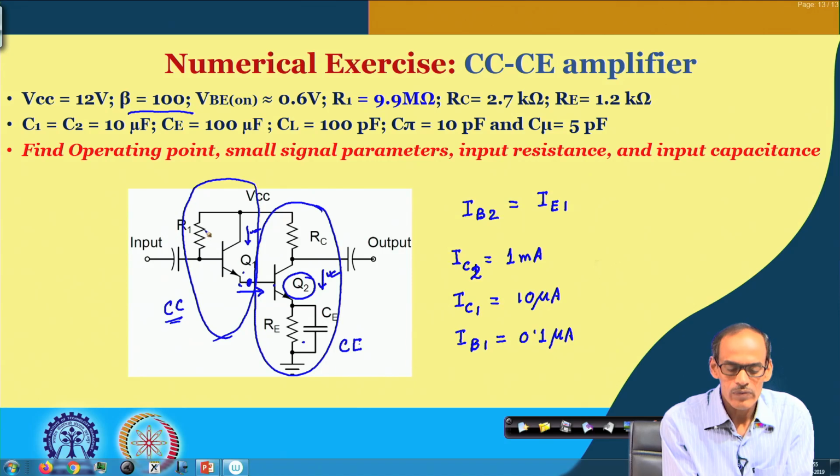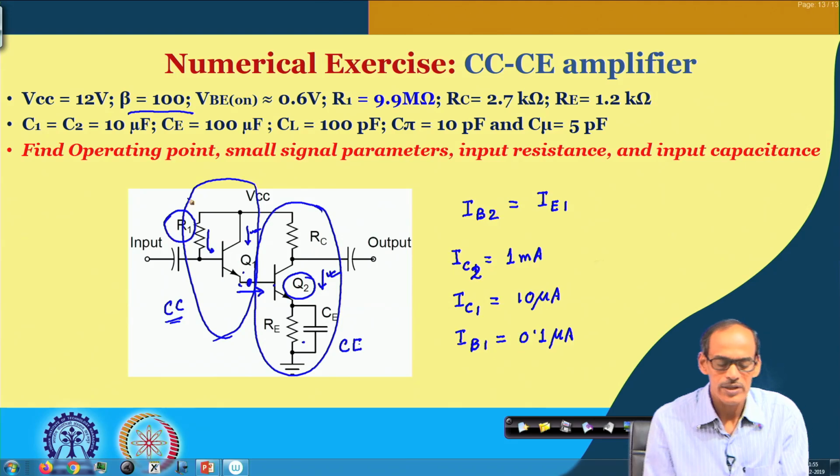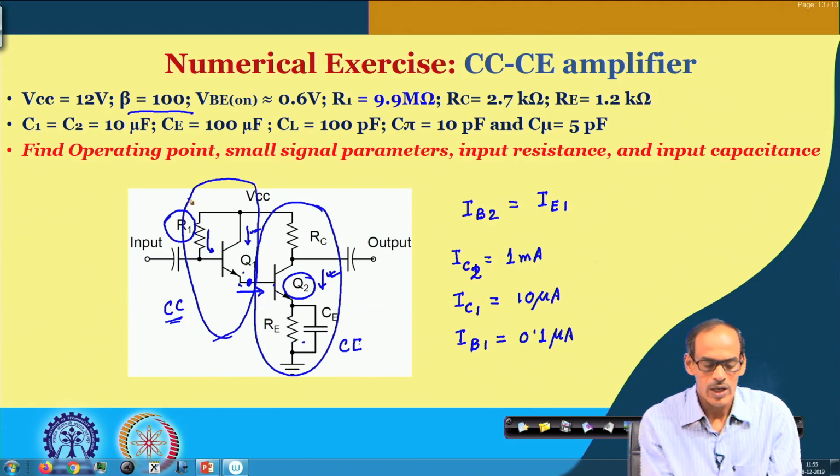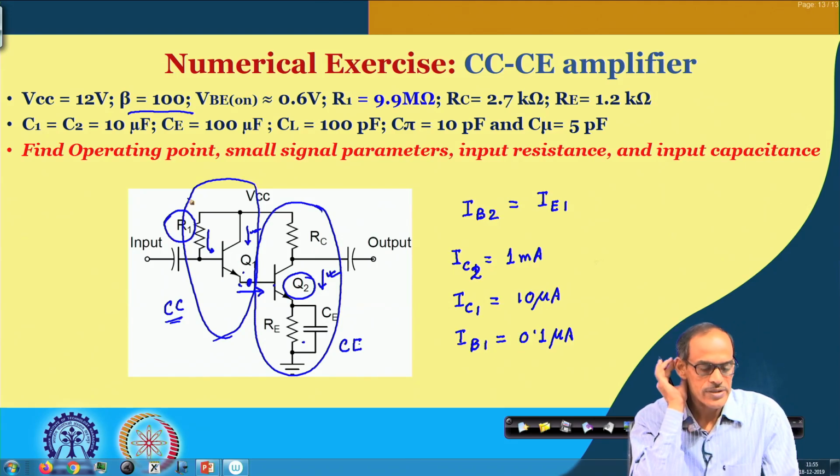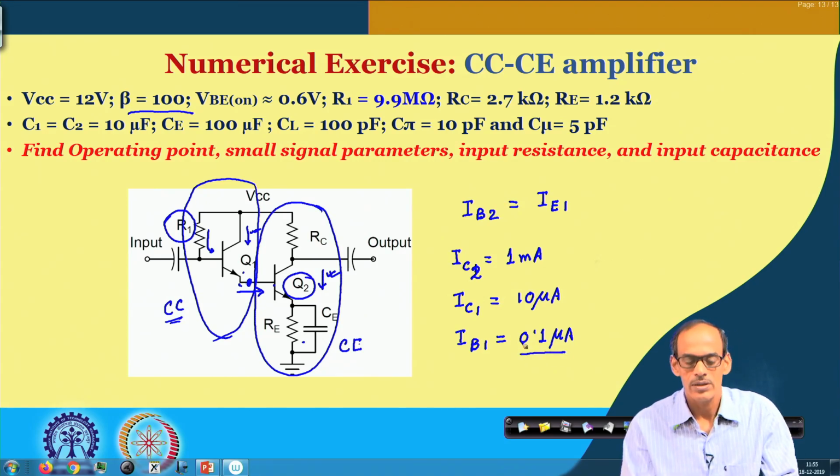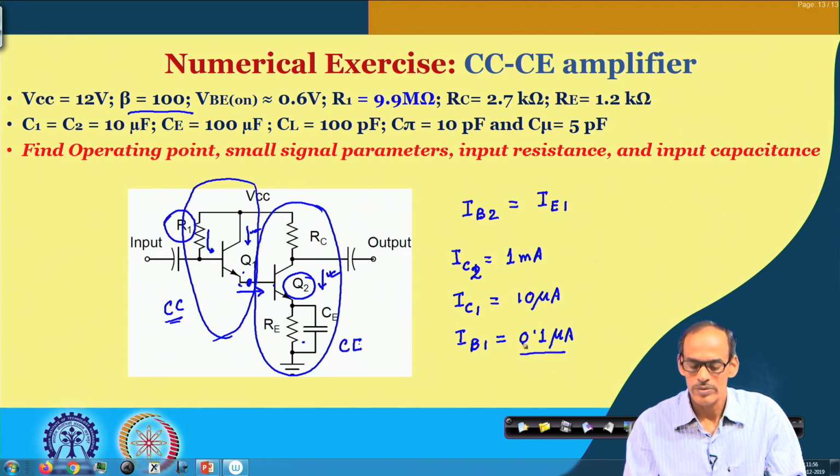So, we require very small current here. As a result, the bias resistance R1, to support this much current, should definitely be in the tens or maybe even hundreds of mega ohm.